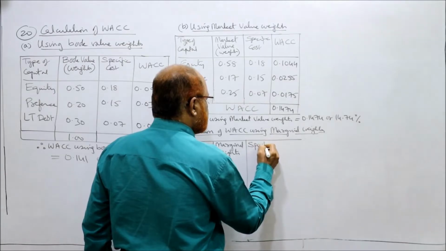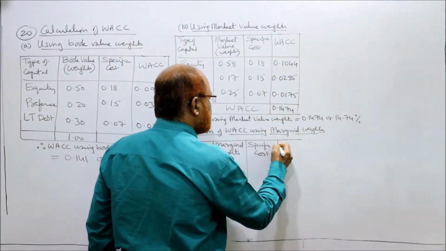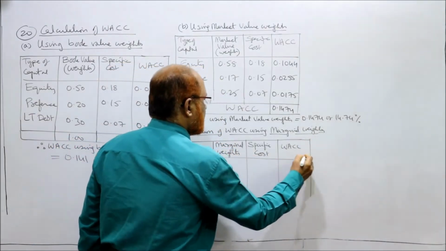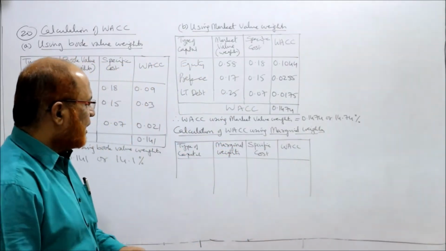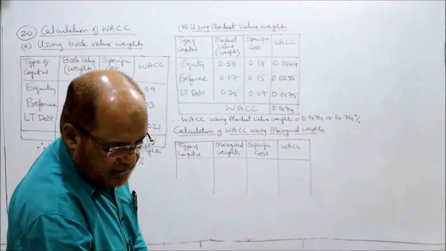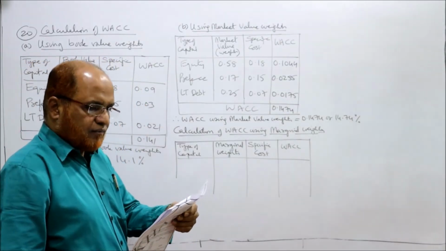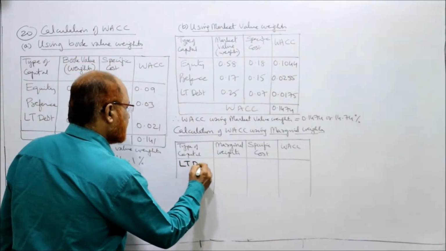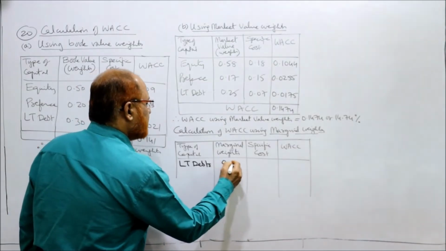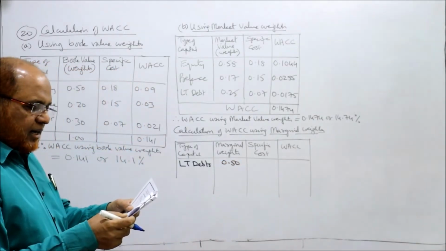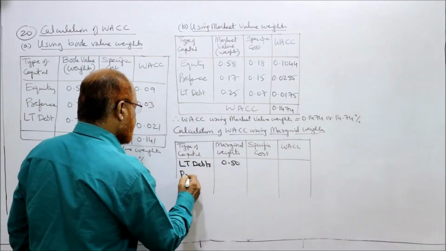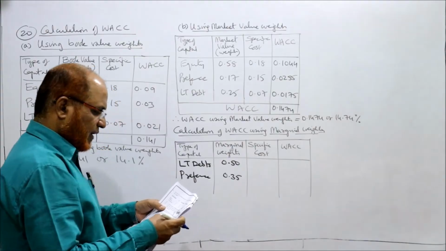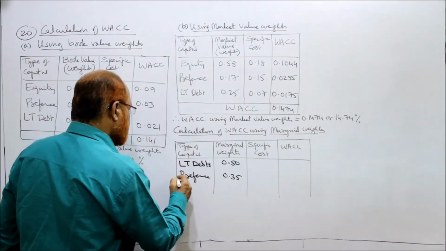Specific cost. Now we'll take type of capital. The type of capital required is, first of all, 50% long-term debt. 50% का मतलब 0.5 and 35% preference, 0.35 and 15% retained earnings.